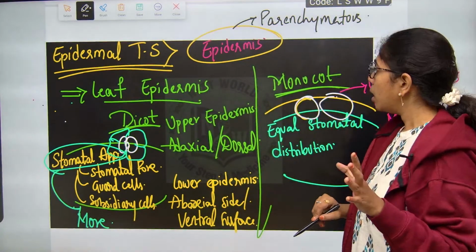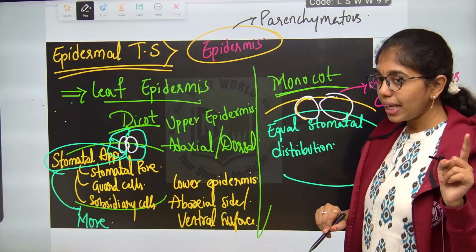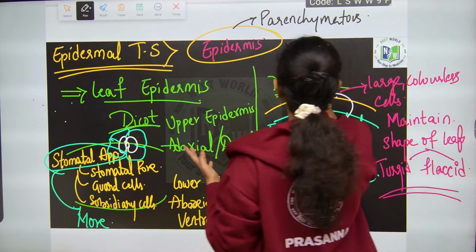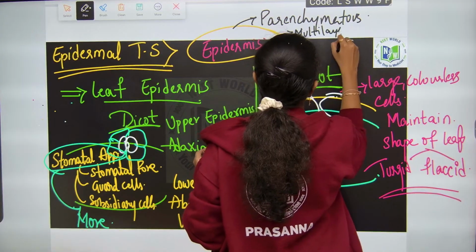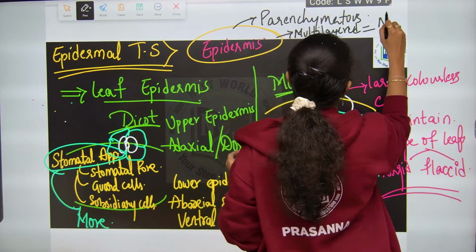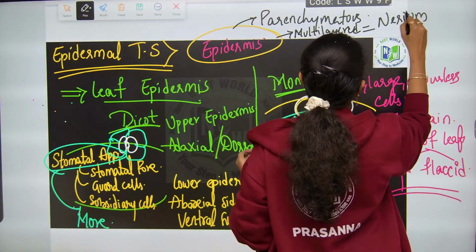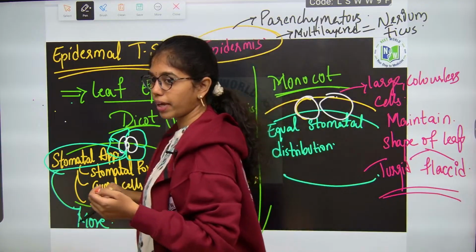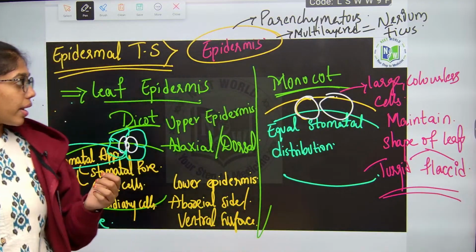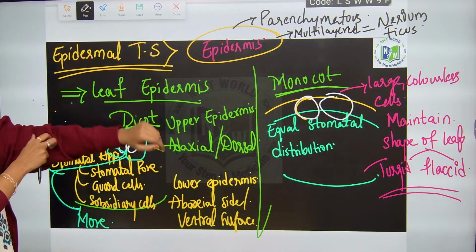They can be unilayered or multi-layered. Multi-layered epidermis you can see in nerium and ficus. So this is about epidermis.